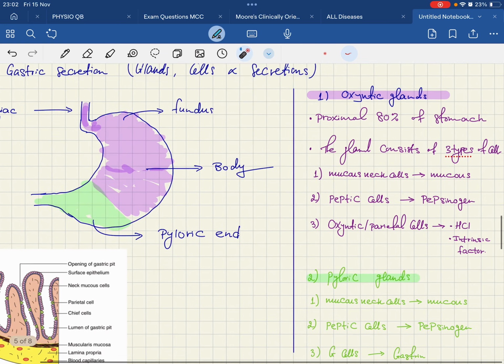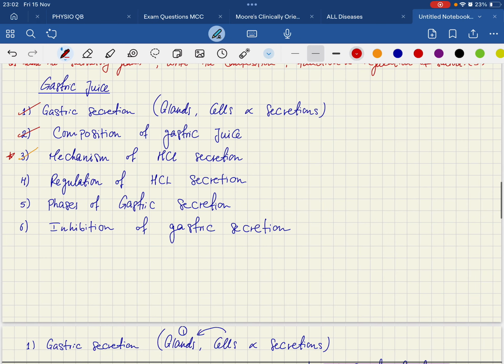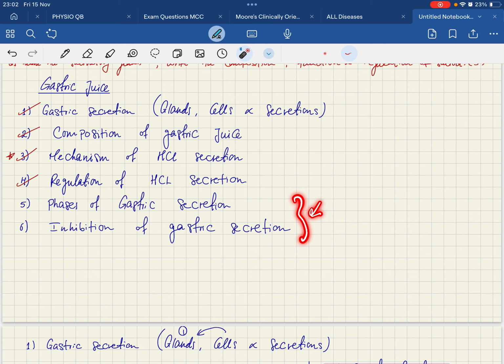So let's have a recap. We have talked about gastric secretion, composition, mechanism, and lastly regulation of HCl. As far as these two topics, they're quite easy, so just go through them and try to make your own notes first, and then maybe if I have time I'll do the notes on these two.